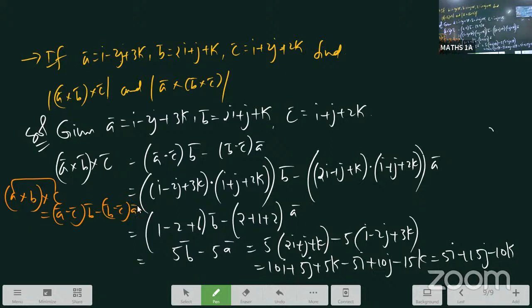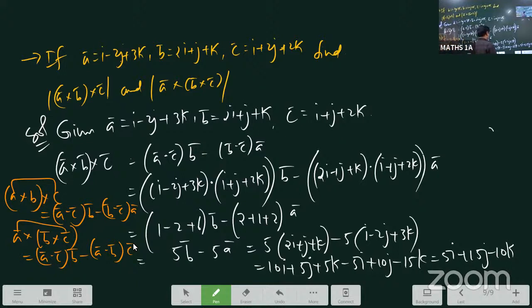Suppose if I am having a bar cross (b bar cross c bar), that is (a dot c) into b, always extremes. Always extremes. Is it clear? Minus (a bar dot b bar) into c. So always you should go for your extremes. These are your two formulas.